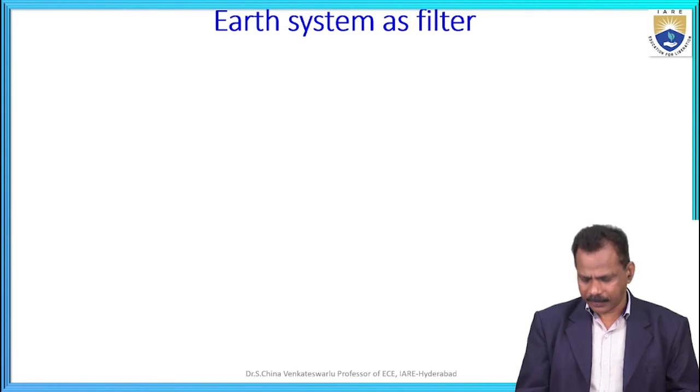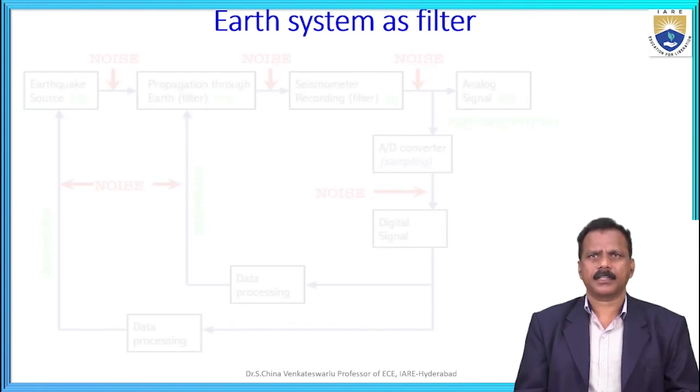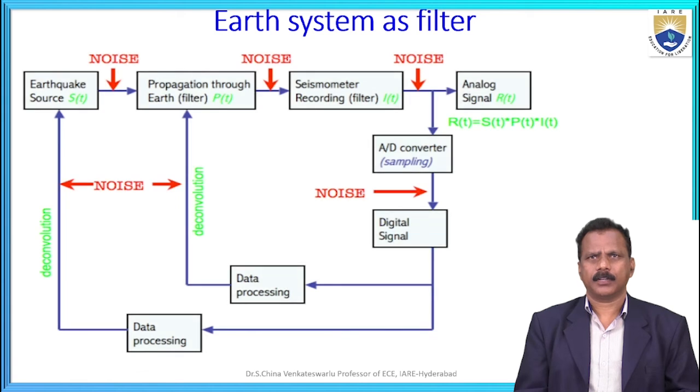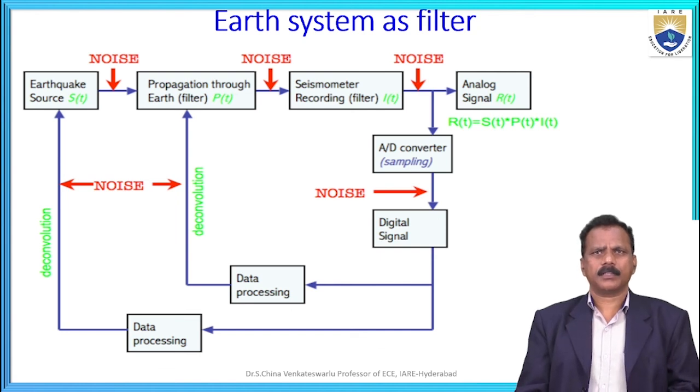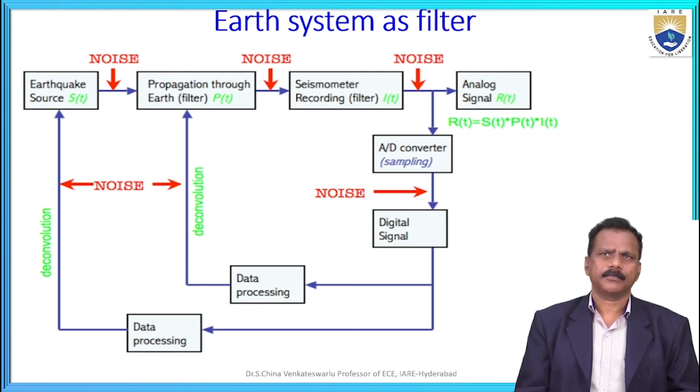Earth system as a filter. Normally they use the Earth system as a filter, like here. The earthquake source is S of t, which is affected by noise. Including that noise, it is given to the propagation through the Earth filter, P of t. Here also a noise is reflected.